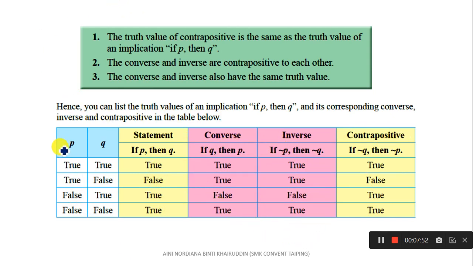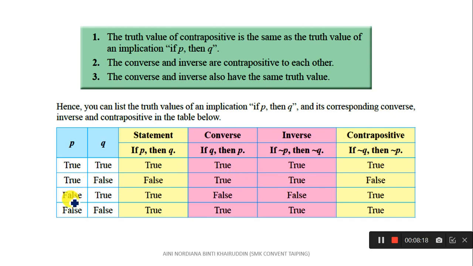If P is true and Q is true, the statement is true. The converse, inverse, and contrapositive are also true. If the first statement P is true and the second statement is false, then the statement is false, also the contrapositive is false. But the converse and the inverse are true.